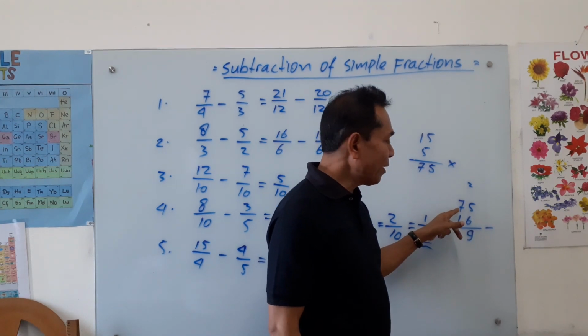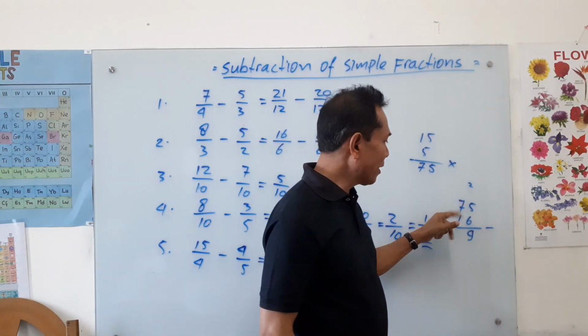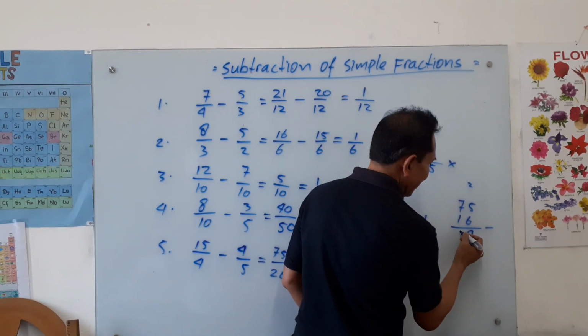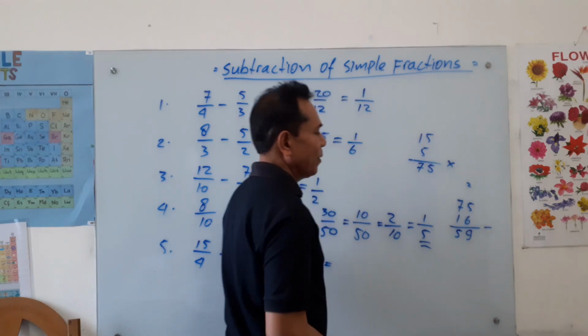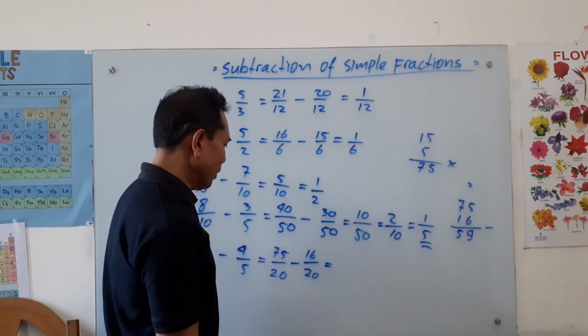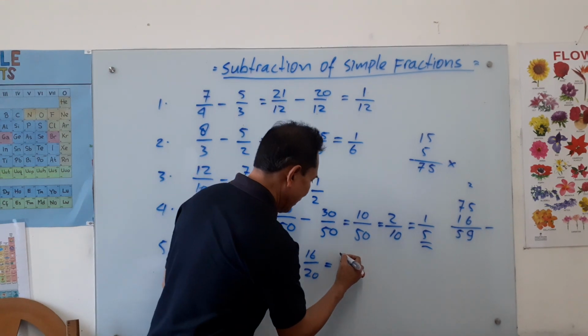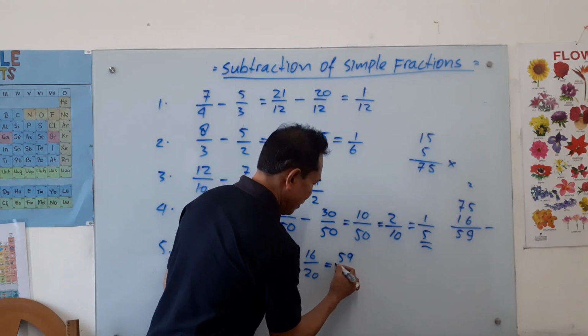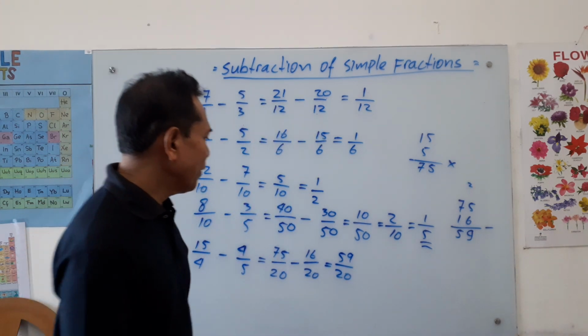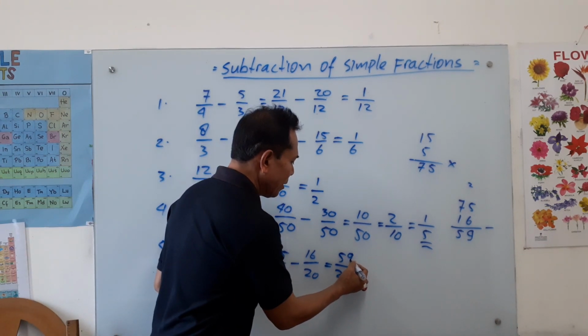Now, this is 7 no more, but it is 6. So 6 minus 1 is 5. So 59. So in here, you have 59 over 20. 59 over 20.